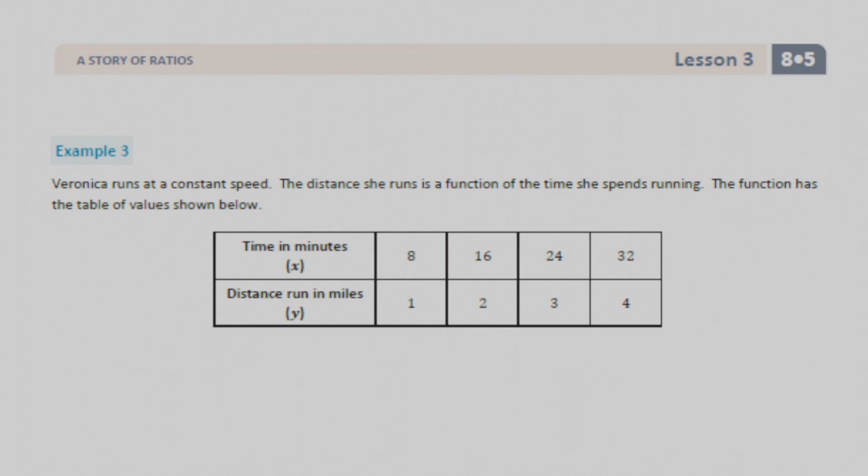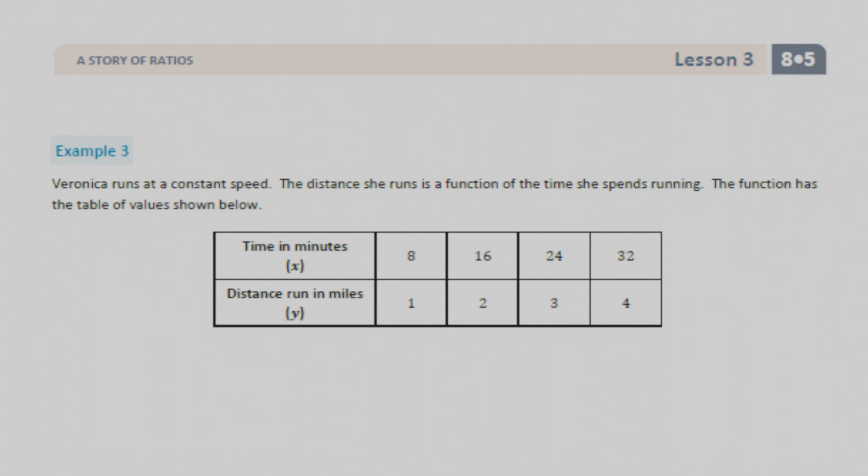Just like in the last one, we've got this table of values, and it looks like our inputs are time this time instead of bags of candy, and our output is a distance, so miles that Veronica runs. Okay, so think about what it means for Veronica to run at a constant speed.